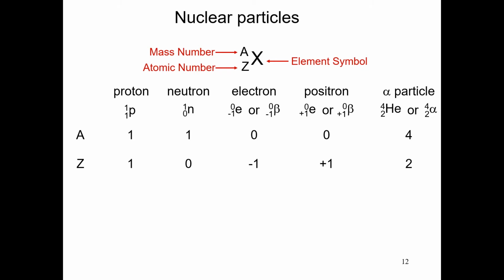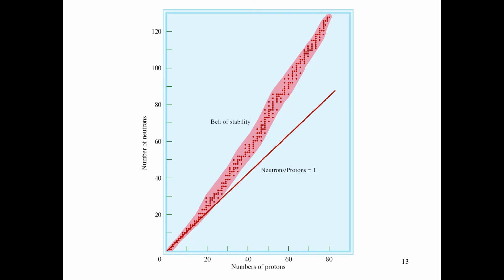Now, why are some isotopes radioactive and others are not? This is a very interesting graph, and we'll come back to it later on. So remember, think about the nucleus. You are essentially putting together in a very, very small space all these positively charged protons and all these non-charged neutrons. Protons are positively charged, crammed into a small space, and therefore you would expect a huge amount of repulsion between those positive charges.